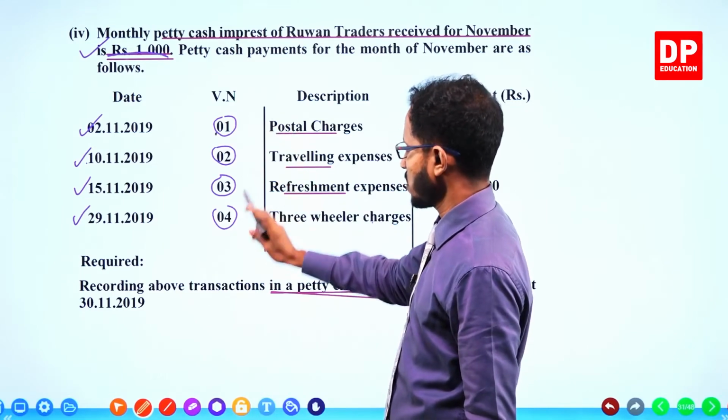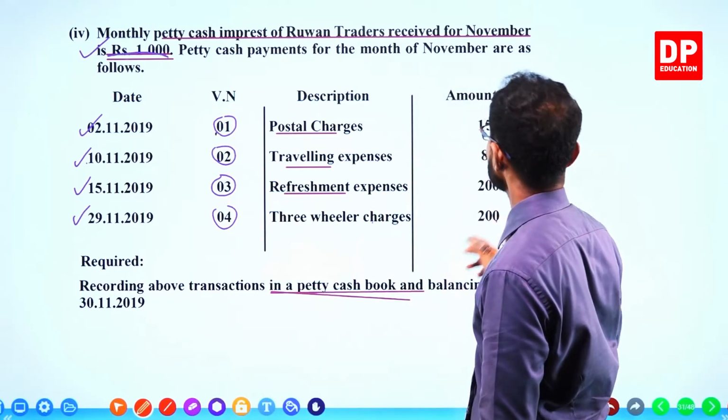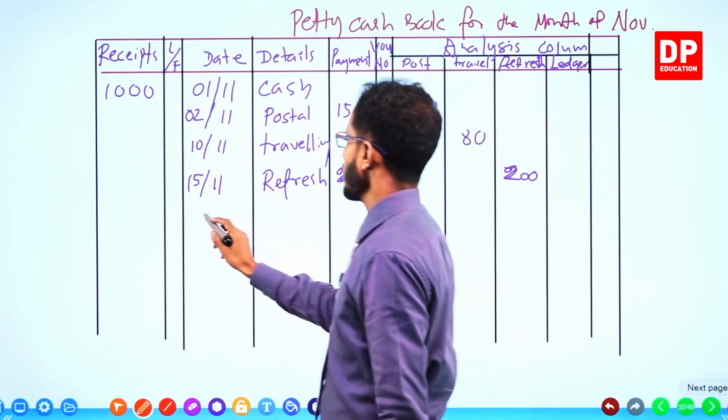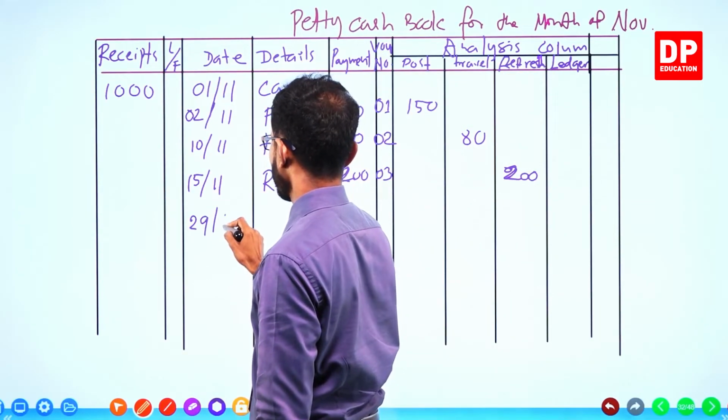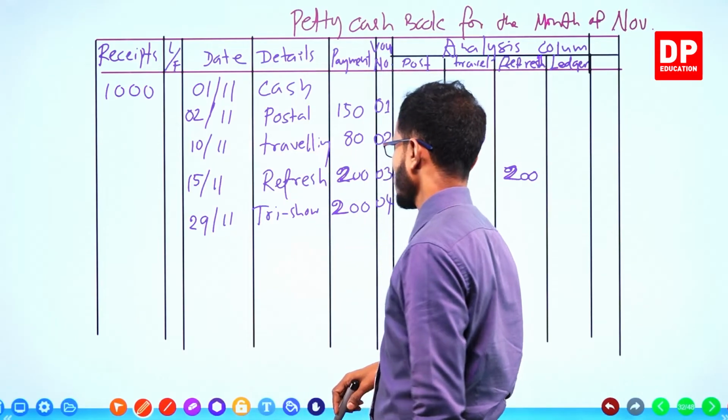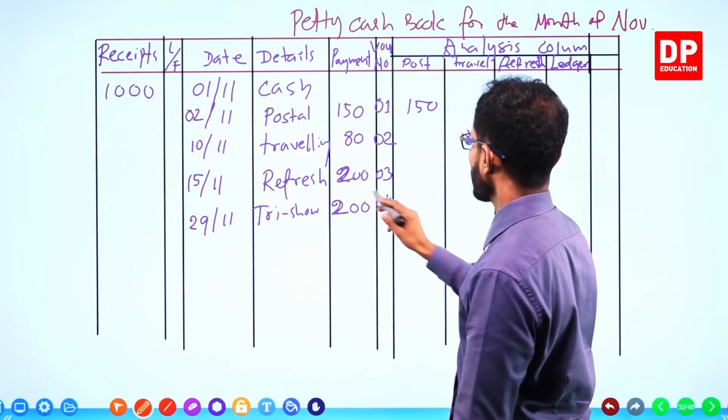29th, voucher number 4, 3-wheeler charges 200. Let's put trishaw or 3-wheeler charges 200.